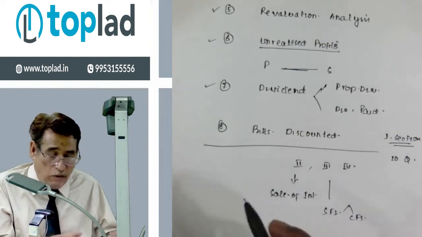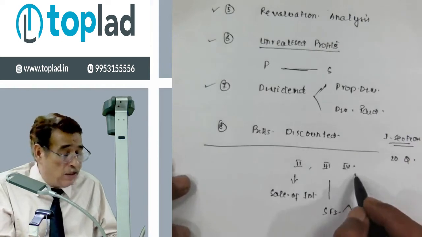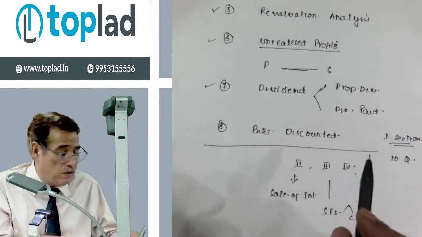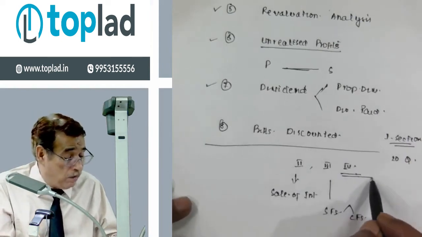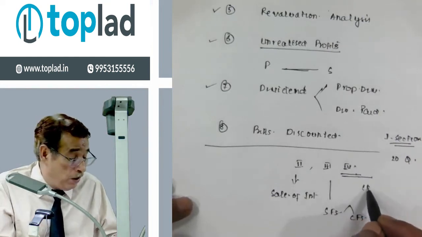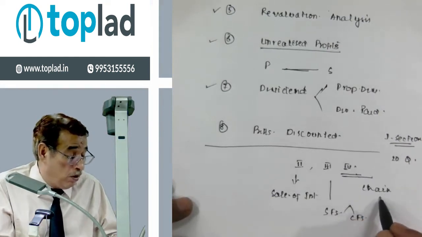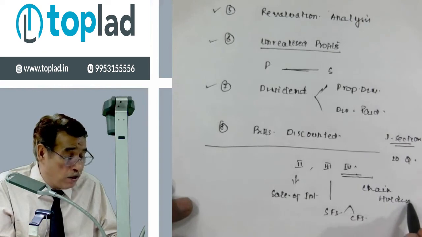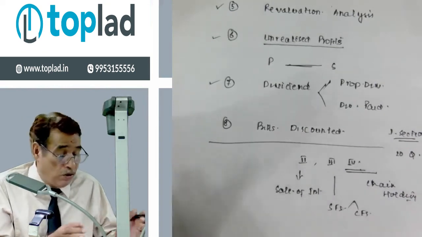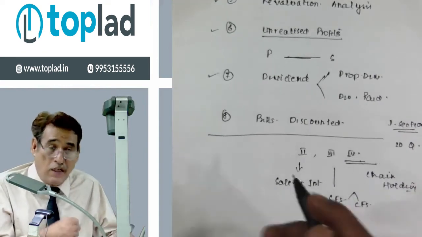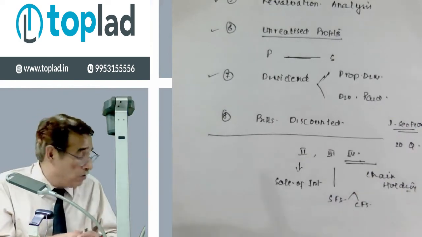Such problems we will see also. Then there will be some concept-based questions, and questions on chain holdings also. All these issues we are going to cover at length. And there will be some case study questions also. We have kept separate sections for them.